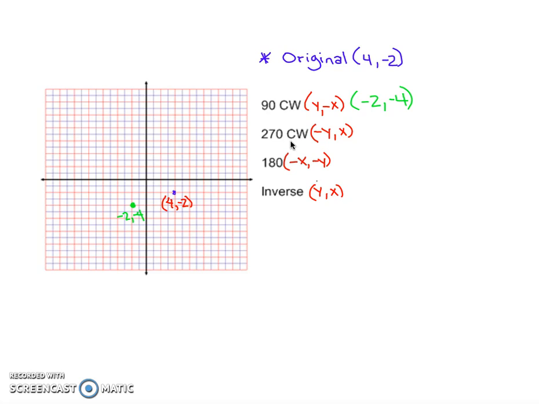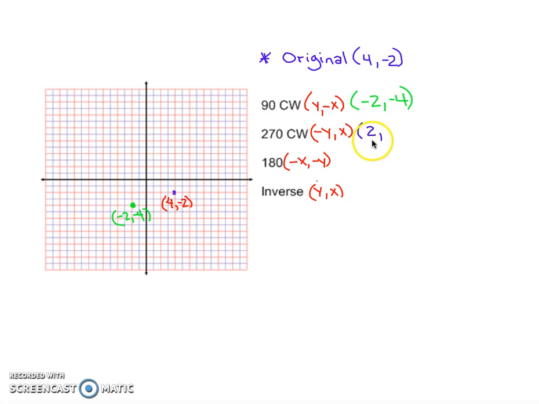So again, if this is (4, -2), and that's my original coordinate, and I wanted to rotate 270 degrees clockwise, I'm going to take these numbers, 4, -2, and switch them around so they look like this, (-y, x). The first part of the coordinate says to take the opposite of y. My y is -2, so the opposite of -2 is +2.